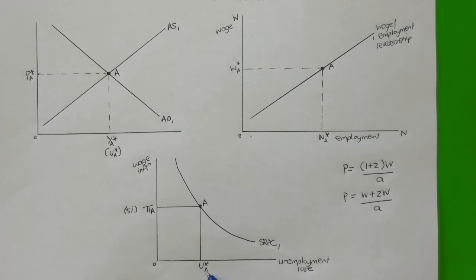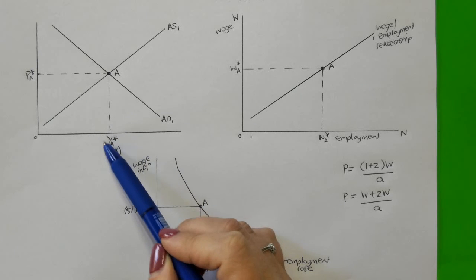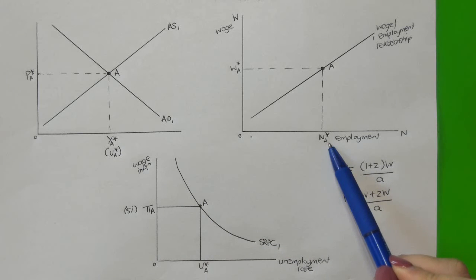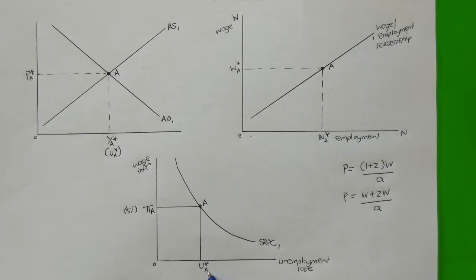In addition, on the horizontal axis, when the economy is producing output of Y star A, and N star A is the number of people who are employed, the people who don't have jobs, the unemployed, we can work out the unemployment rate, and that unemployment rate is U star A.